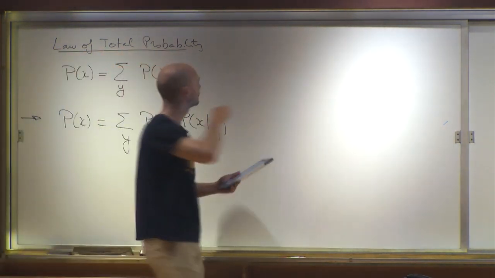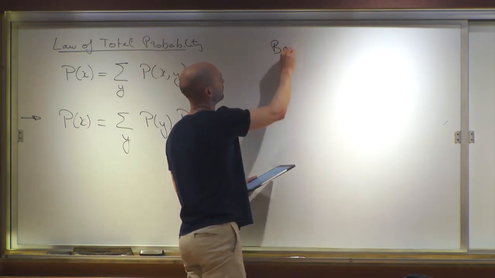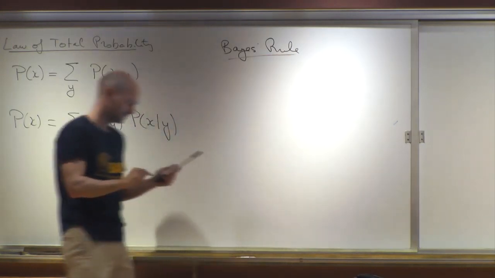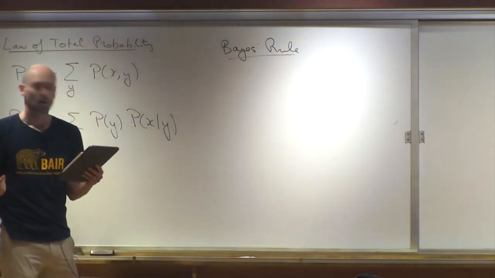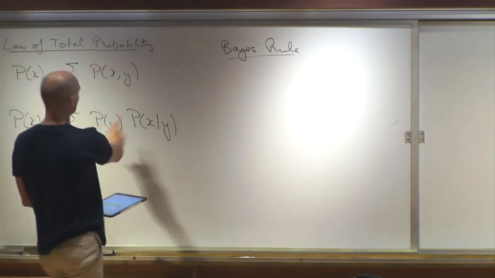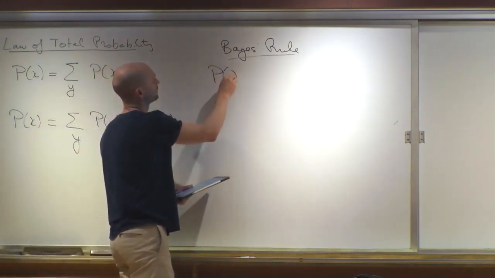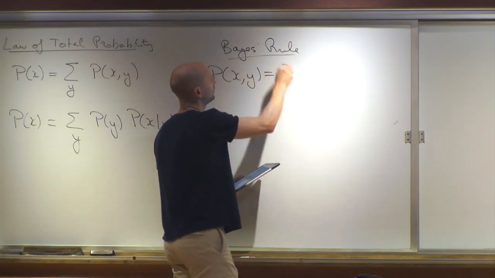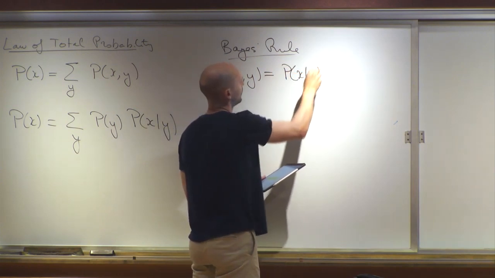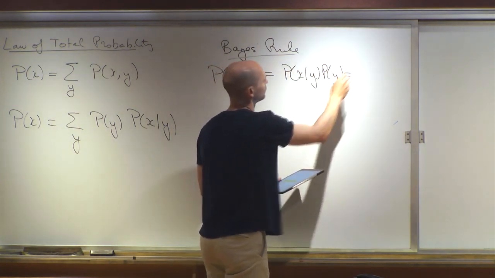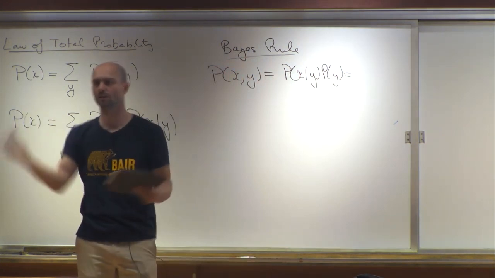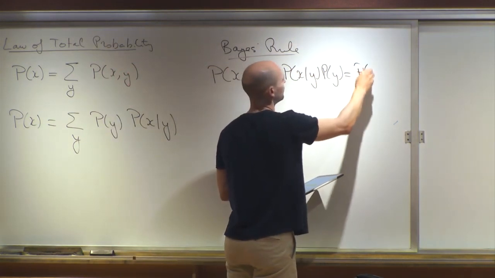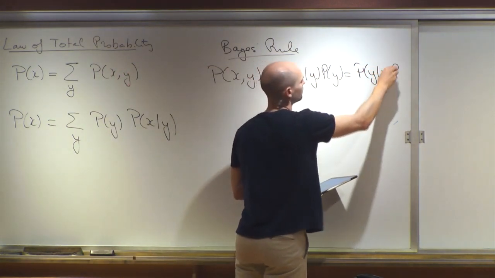The other thing we'll use a lot is Bayes' rule. Bayes' rule hopefully sounds familiar. How do we derive it? We actually derive it from looking at the expression for the joint. Px comma y is px given y times py, which is also, because the roles of x and y are arbitrary, it doesn't matter which one comes first or second in this equation here, we can swap the roles, and we have py given x times px.